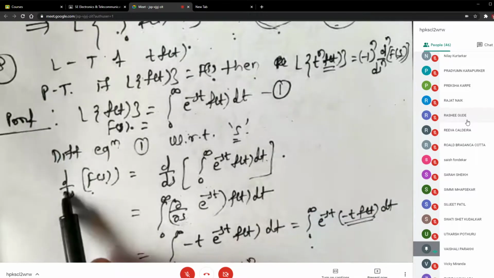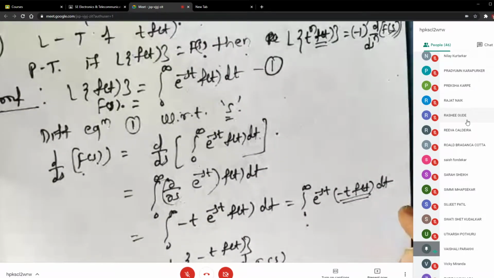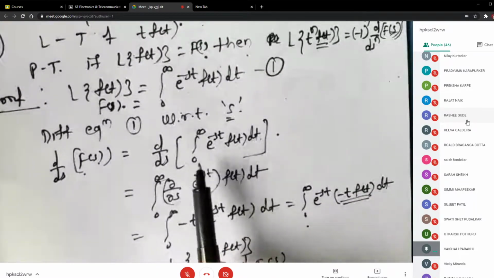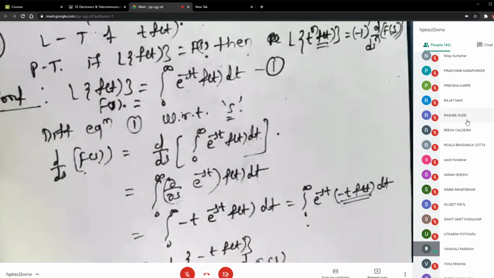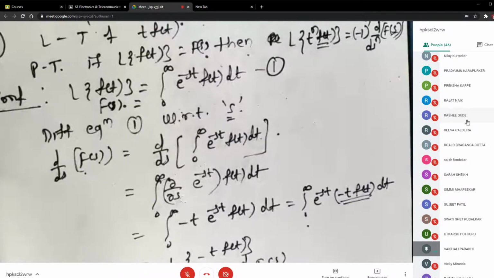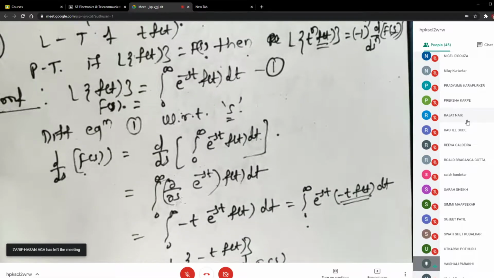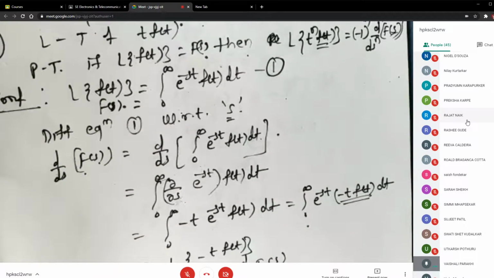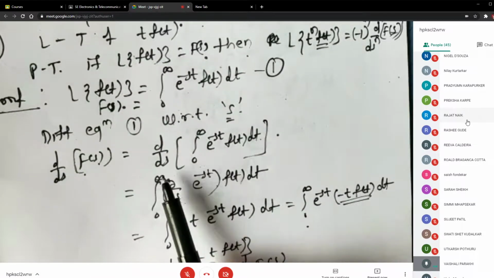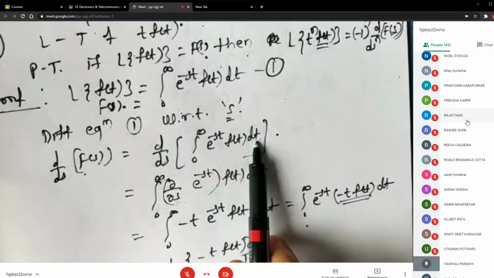So derivative of left hand side is equal to derivative of right hand side. Now all of you listen carefully. If you are differentiating and integrating with respect to the same variable, then only it gets cancelled with each other, and you get the inside function, which we got in the proof of the previous formula. But here the case is different. You are differentiating with respect to s and you are integrating with respect to t.